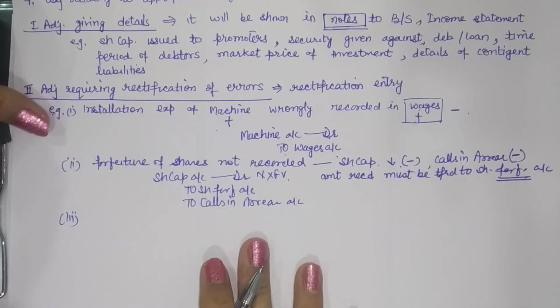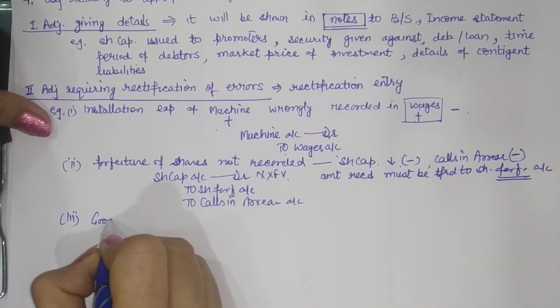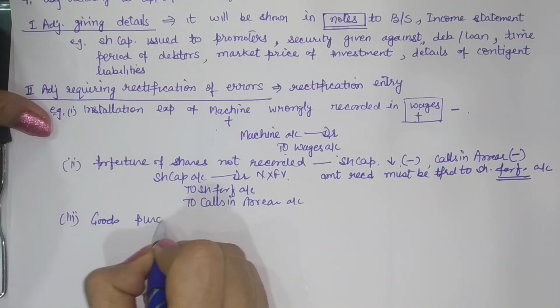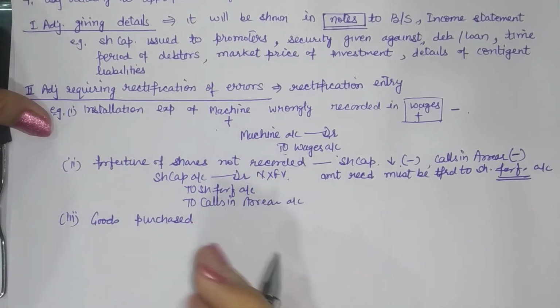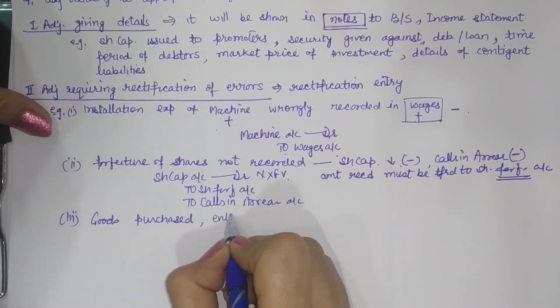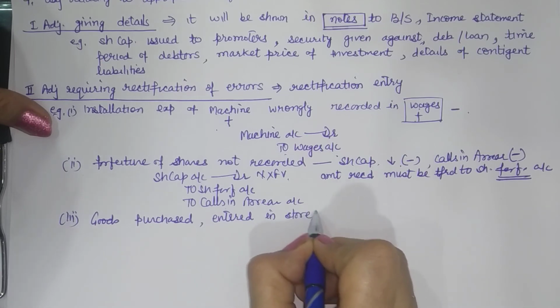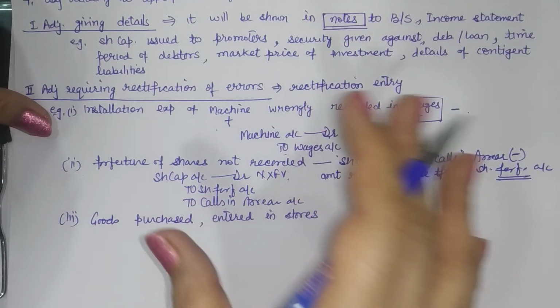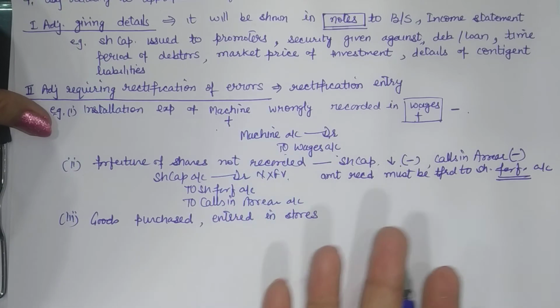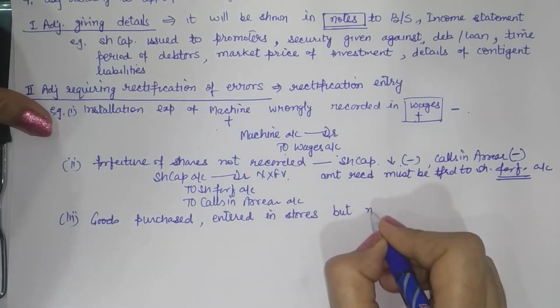Similarly, you may have another error of omission, goods purchased. You purchased goods. These were entered in stores, that is, in your stores ledger, or when you counted your stock it has been counted, but not recorded.